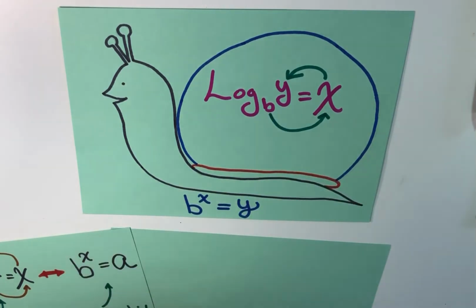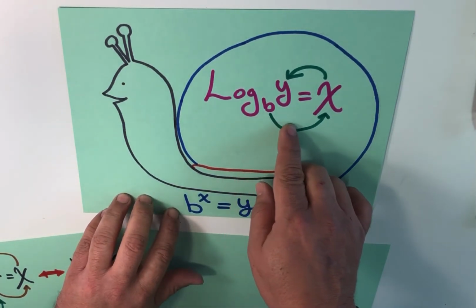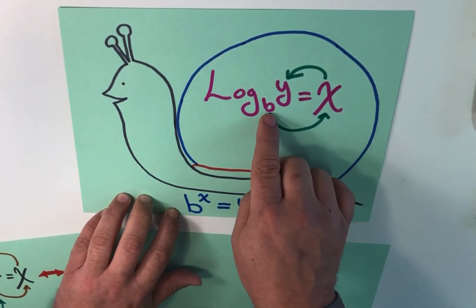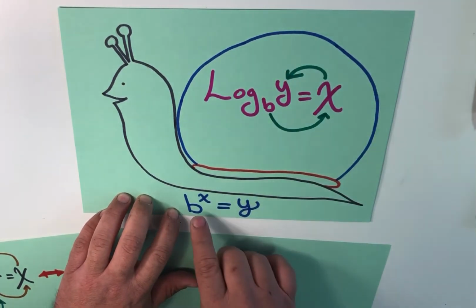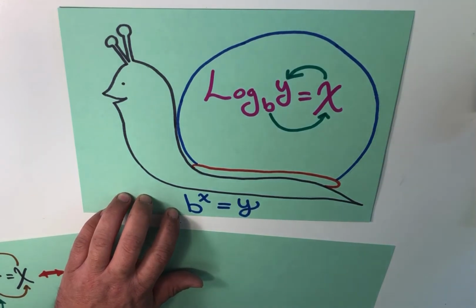Now, some of your teachers may call this swirl. They might call it ballerina. I'm going to call it rotate, because you're going to rotate from your little b here, and you're going to spin around, and you're going to come all the way back to the y. In other words, you're going to start at the base, b to the x power is equal to y. And that's our little friend, the snail.